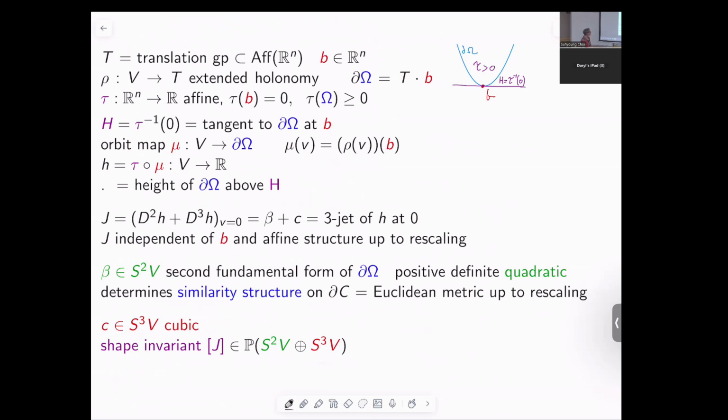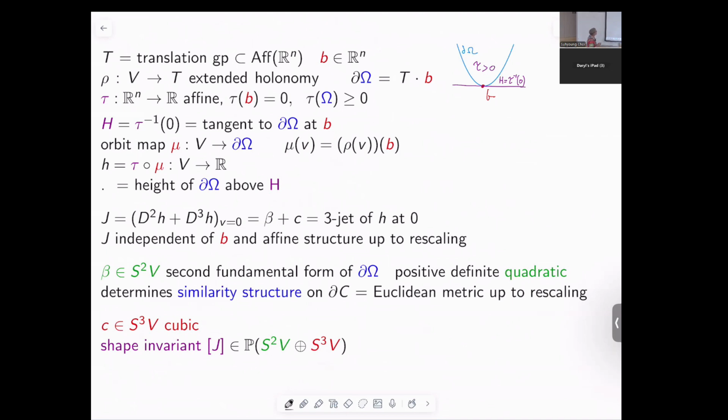And the actual definition, I said what you should do is take the 3-jet of the graph of this hypersurface above this plane. But that isn't quite what you do. You need to get something invariant. So what we've got here, V is a vector space of dimension n-1.